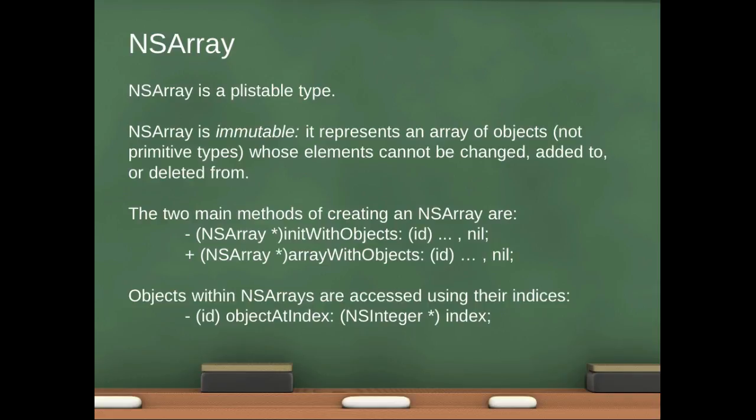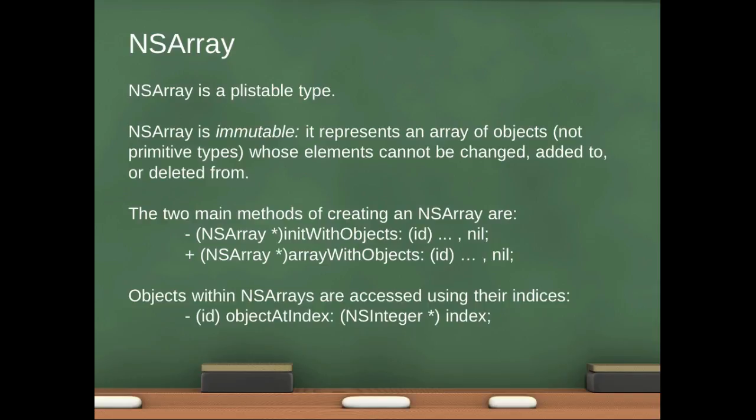Objects within NSArray are accessed using their indices. So we return an id type because we don't know what that object type is. This is any object. And this method is called objectAtIndex. And then we give it an NSInteger. And that pointer there, that asterisk, is a misprint. That shouldn't be there.